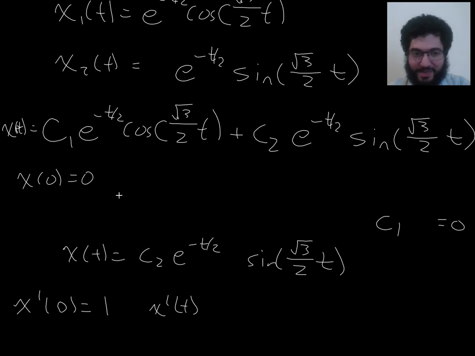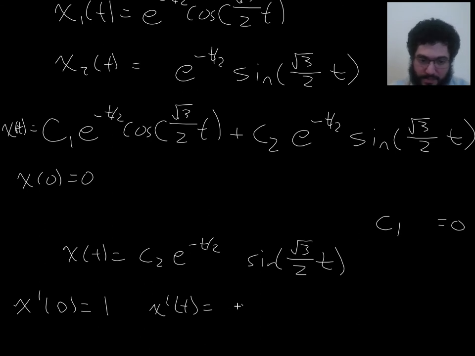If my first initial condition were x of 0 equals something more complicated, then I would not have gotten c1 equals 0, and I would still have had two terms to deal with. Then when I take a derivative, there'd be a product rule for each of those two terms, so I'd have 4 total terms in my derivative. That would be annoying. But here I just have 2 terms coming out of the one product rule.